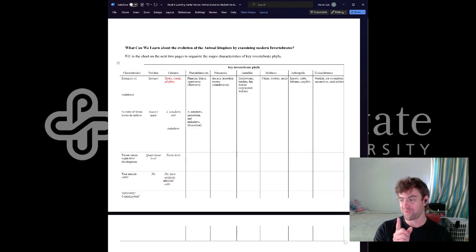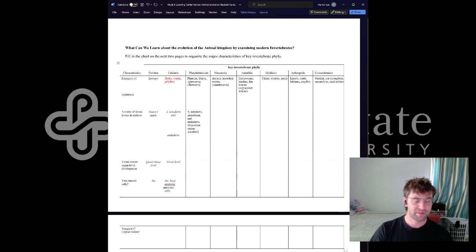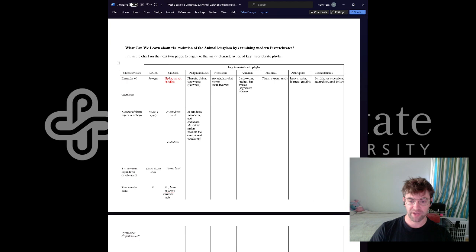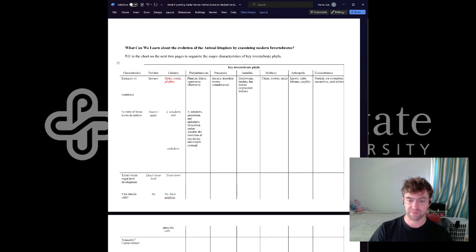I want to be careful how I word this, because while mesoderms give rise to circulatory and muscle systems in later organisms, that doesn't necessarily mean that we have those systems present in Platyhelminthes. So mesoderm makes possible the evolution of circulatory and muscle systems. We will come back to that.